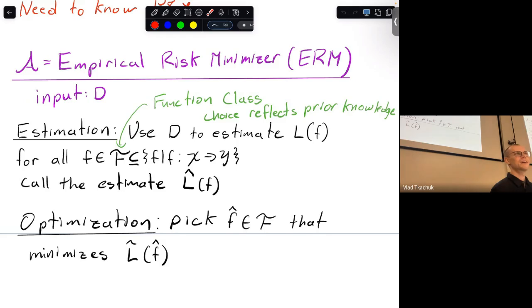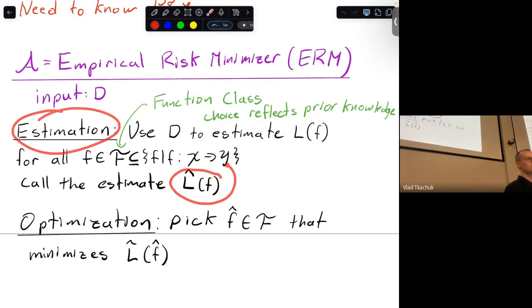So where were we at? Where we were at was trying to do supervised learning and trying to get a good learner. And we said that maybe a good idea is this ERM, empirical risk minimization learner. That roughly looked like you get an estimate of the expected loss, that's L hat, and we talked about how to do that last time. This is just your sample mean based on your data set.